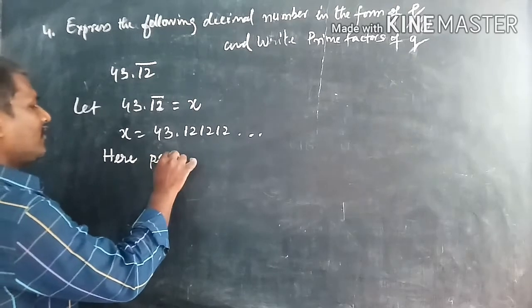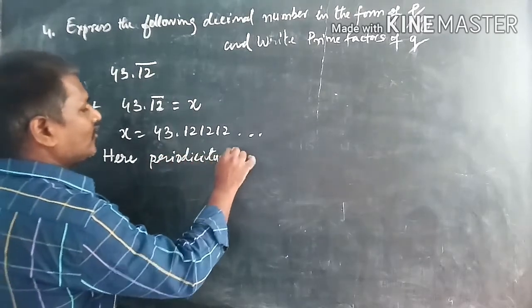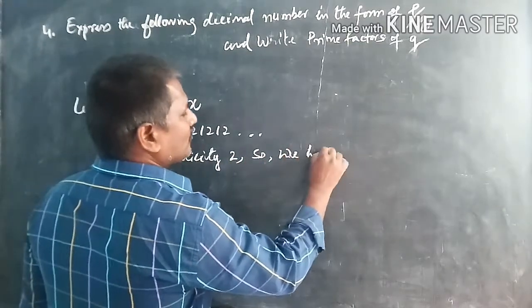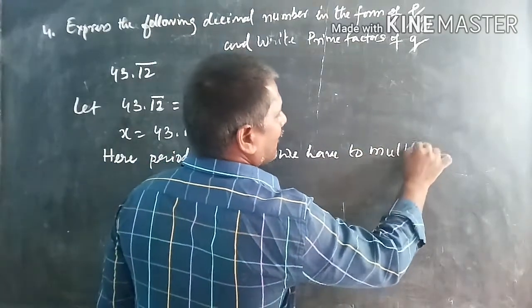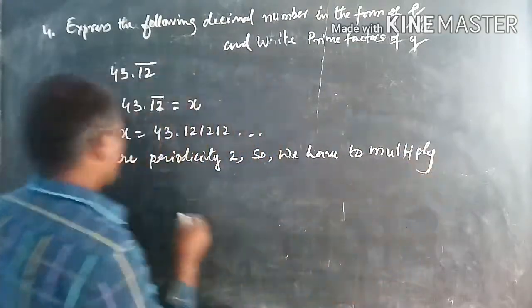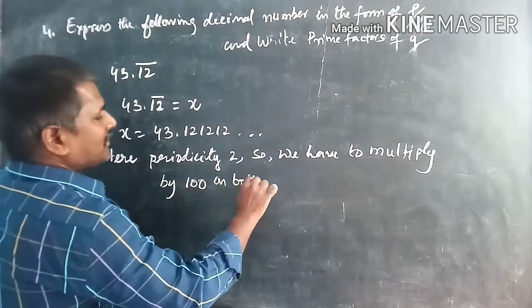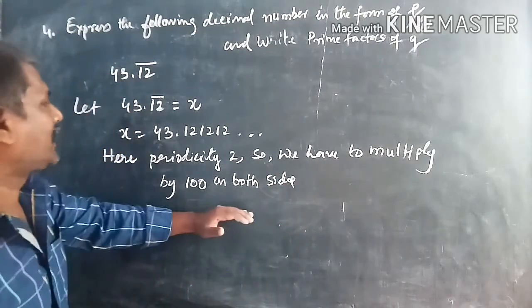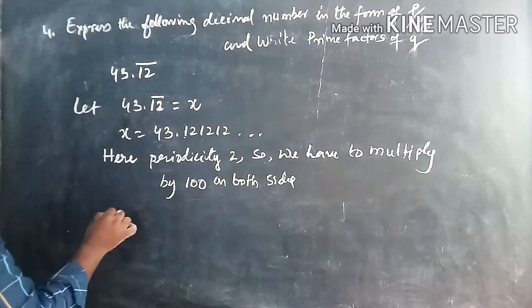Here the periodicity is 2, so we have to multiply by 100 on both sides, because the periodicity is 2.